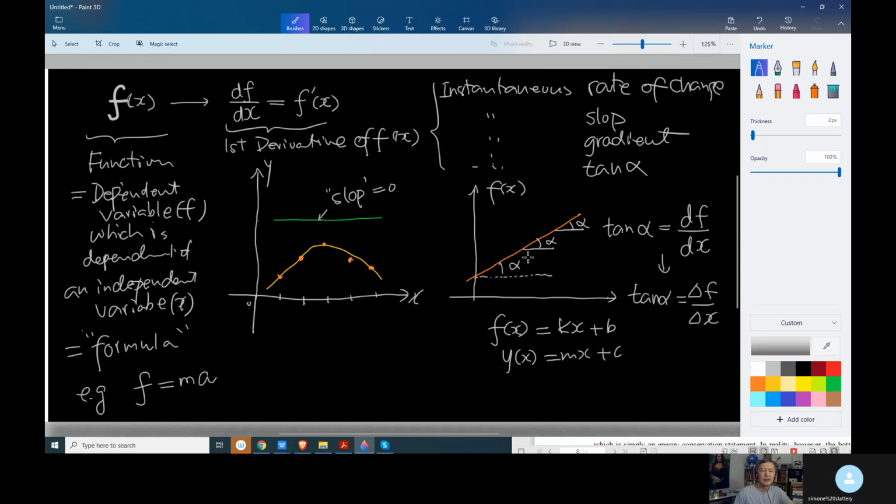For example, in this particular triangle here, you pick here, and that would be delta x. You can see this side. This would be delta x, and this side will be what? Delta f. Can you see that?